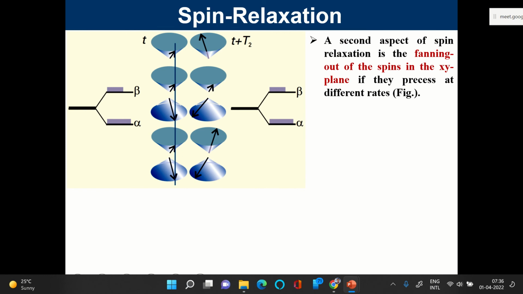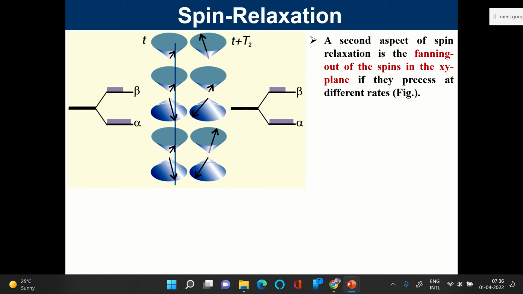Now the second aspect of spin relaxation. What we have just seen is that alpha and beta states are changing, and this is happening on the time scale T1 that we have defined here. Now the second type of relaxation is different.